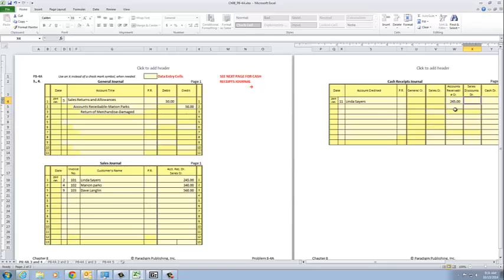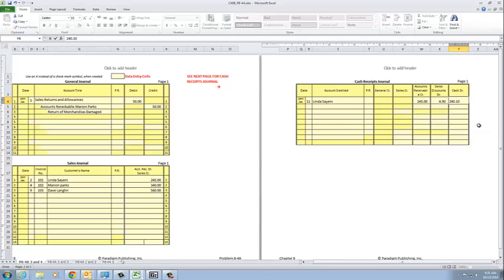We will enter this 2% sales discount: 2% of $245 is $4.90. So she actually sent us a check for $240.10.